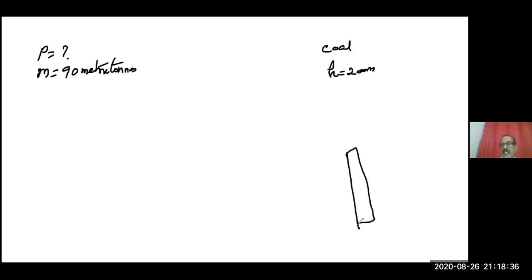That means it has to take it up, so that's a height of 200 meters, per hour.